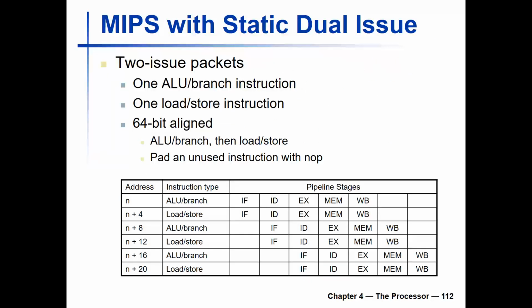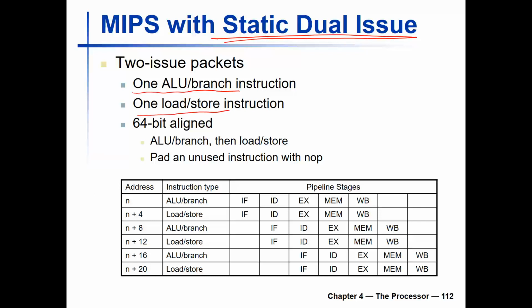Okay, now, in terms of a static dual issue, how can we issue two instructions at the same time? Well, typically the two instructions that we try to execute are not of the same type. They are different types. One of them will be either an ALU or a branch, and the other one will be a load or store.